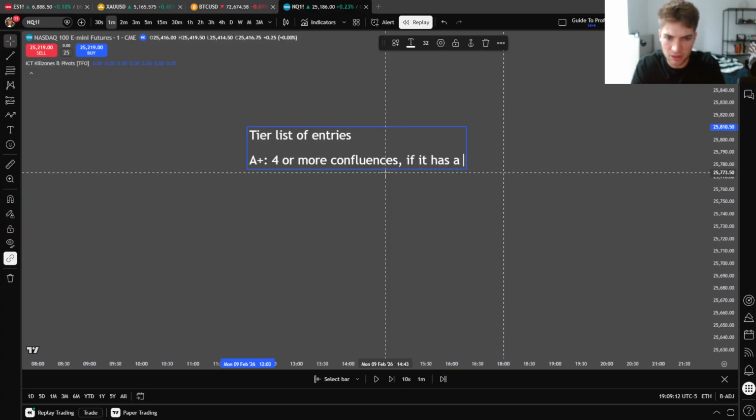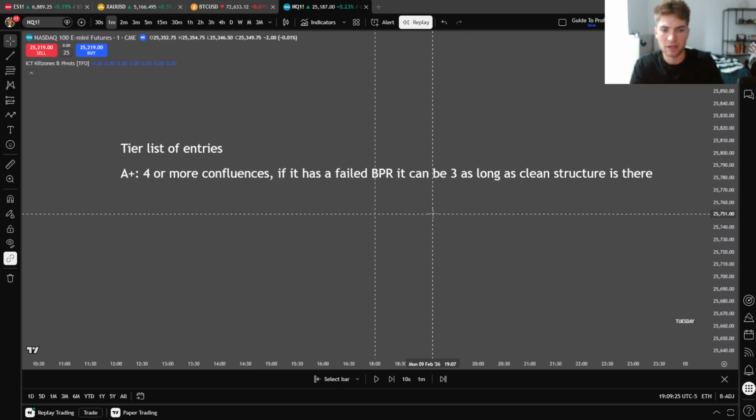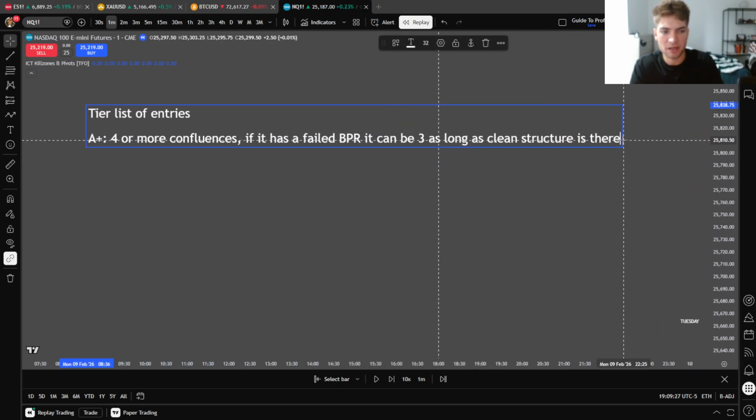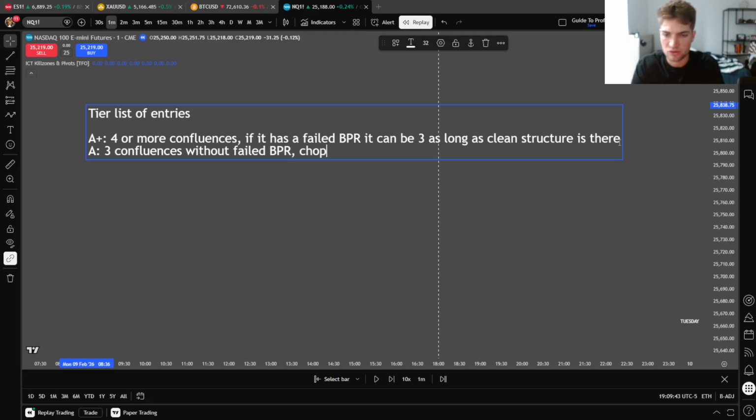If it has a failed BPR, it can be 3, as long as clean structure is there. Why do I need clean structure in that? Because if I have a 1 minute failed BPR, and I have clean structure and clean objectives, then it's gonna work out. It would be 3 confluences without a failed BPR, choppy price action with good volume.